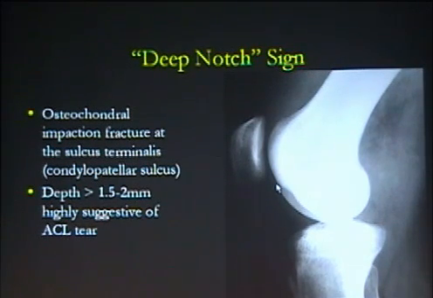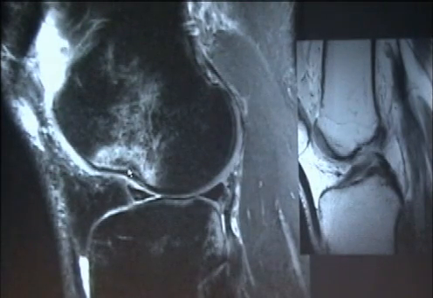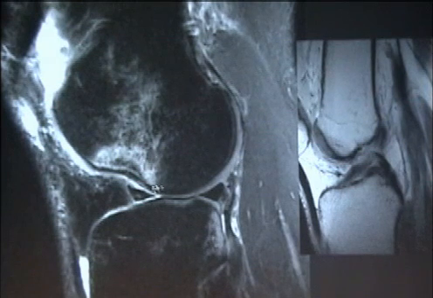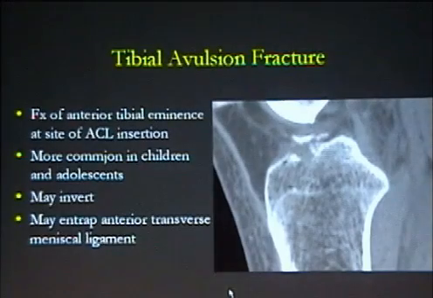If the sulcus is deepened to more than 1.5 to 2 millimeters, that finding is highly suggestive of an ACL tear. If you don't believe me, here, nice deep notch sign on MR. I didn't have the corresponding radiograph here. You can see the osteochondral impaction fracture and the associated ACL tear. Note your fracture here on the posterior aspect of the lateral tibial plateau as well.